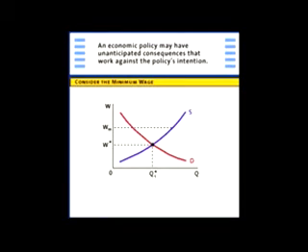The quantity of labor supplied increases with the minimum wage. That is, the amount of labor that households want to supply at this higher wage is greater than it was before. So we'll call this QS sub M. That's the quantity of labor supplied under a minimum wage.